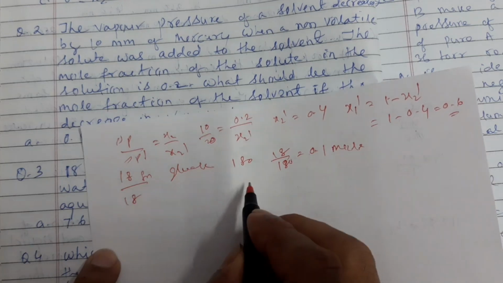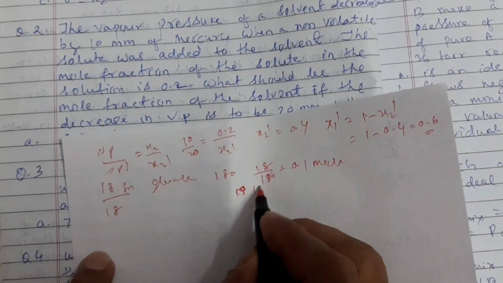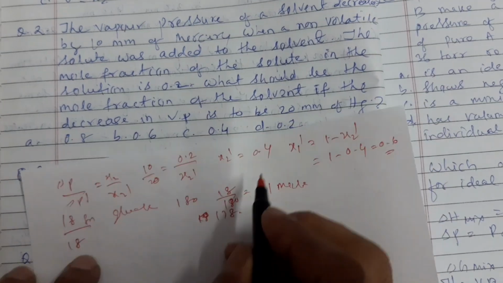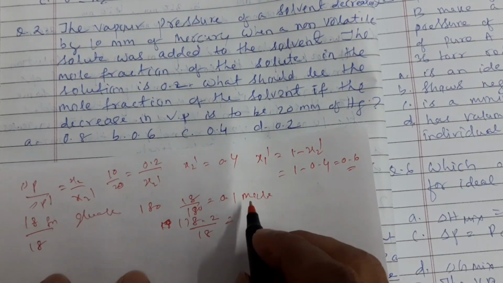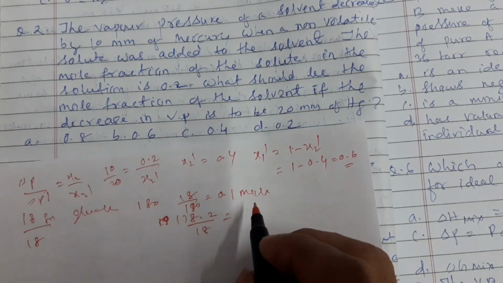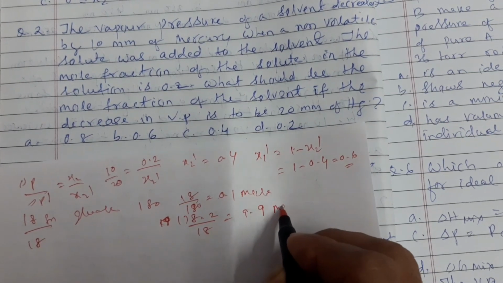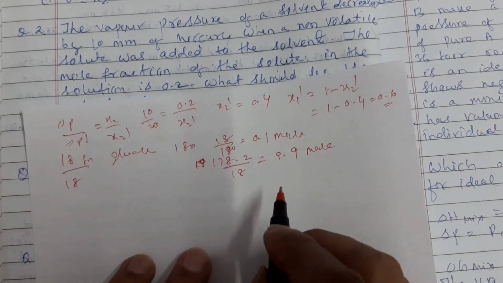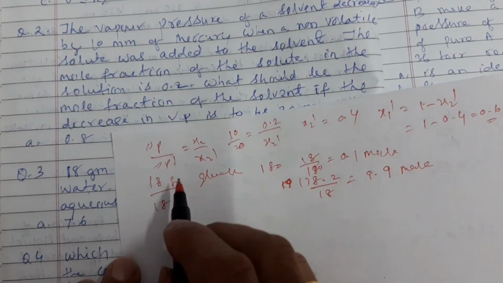So 178.2 divided by 18 is equal to 9.9 mole. Yes. So now calculate the mole fraction.